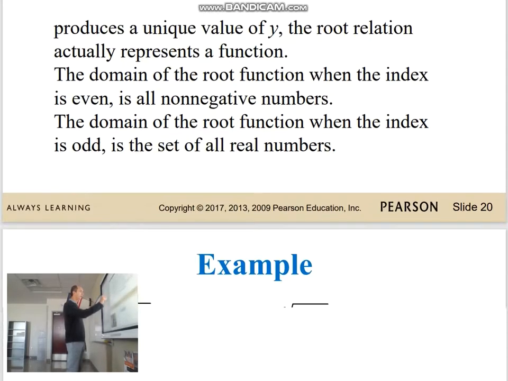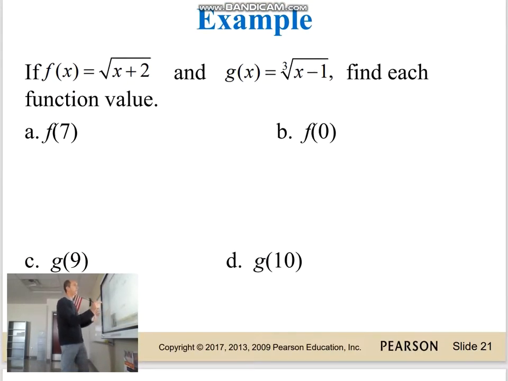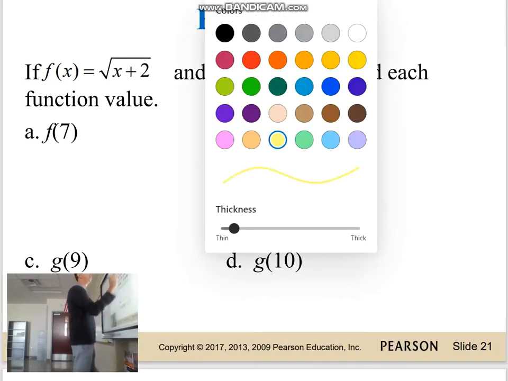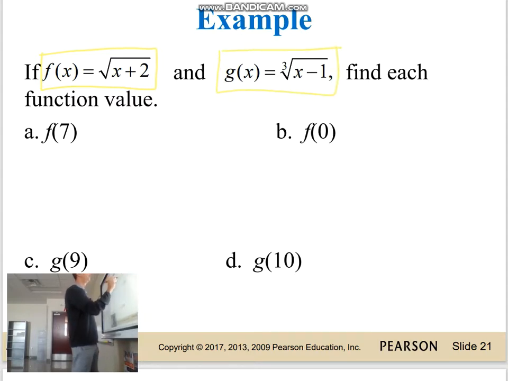Now let's work on the first example. If we have f of x equals the square root of x plus 2 and g of x equals the cube root of x minus 1, find each function value.